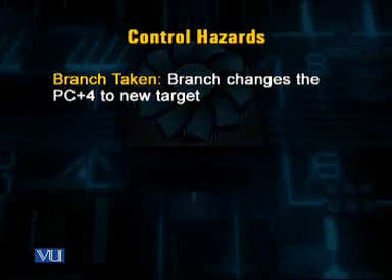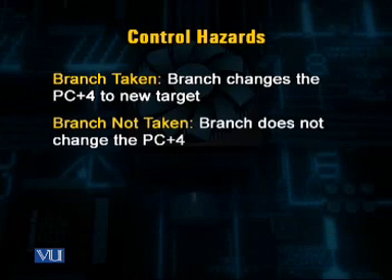These situations are described as branch taken and branch not taken. Branch taken means that the PC plus 4 has changed its value to a new target value, whereas branch not taken means that the PC plus 4 is not changed.